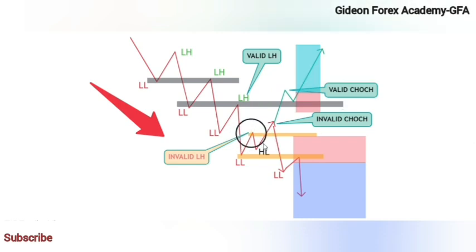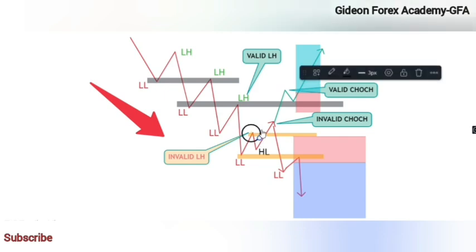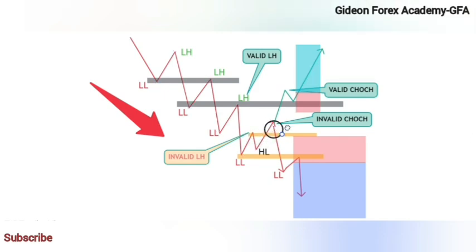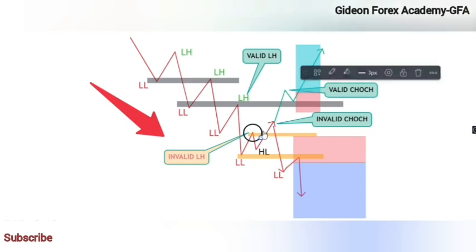So guys, watch out for this. Watch out for what happens here, the inside structure, break of structure, okay? And jumping into buy when it is still an invalid change of character inside. So always wait for this to happen, all right? So I've showed you what constitutes a valid lower high and a valid higher low.